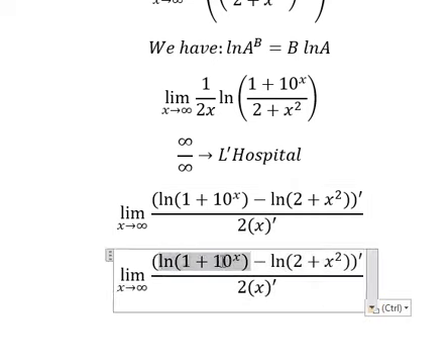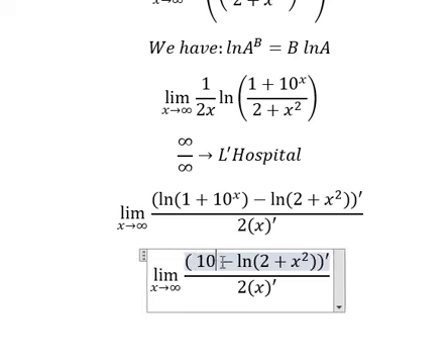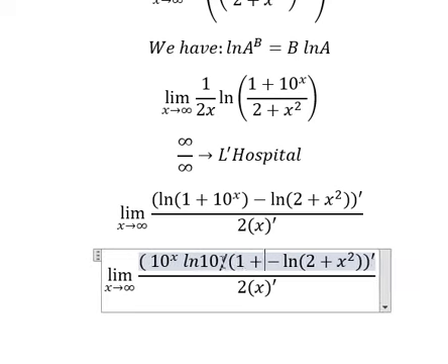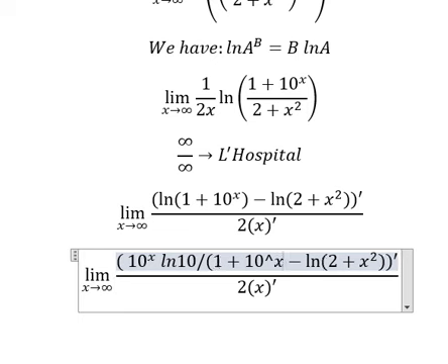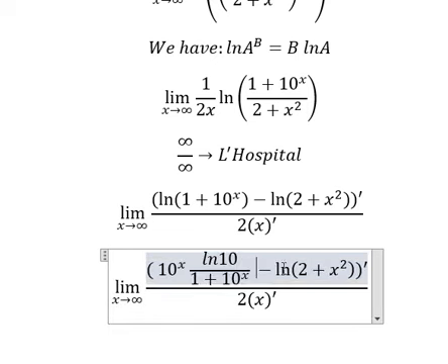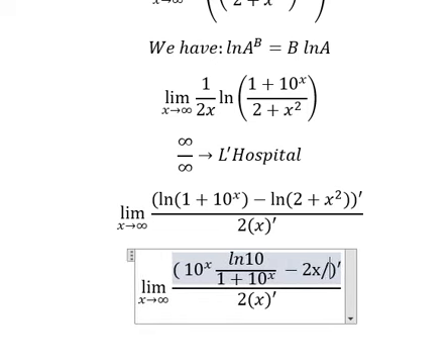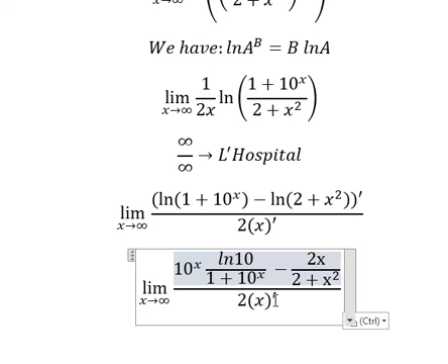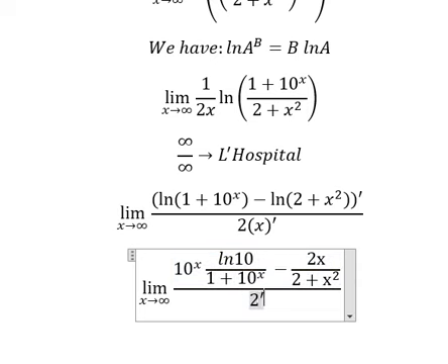This one is 10 to the power of s ln 10 over 1 plus 10 to the power of s. This one we have 2s over 2 plus s squared. This one we have 1.